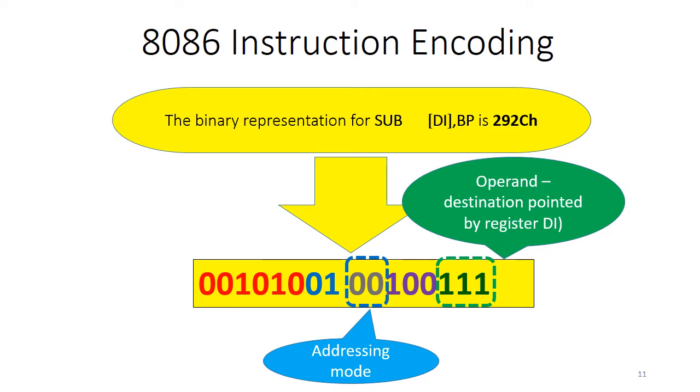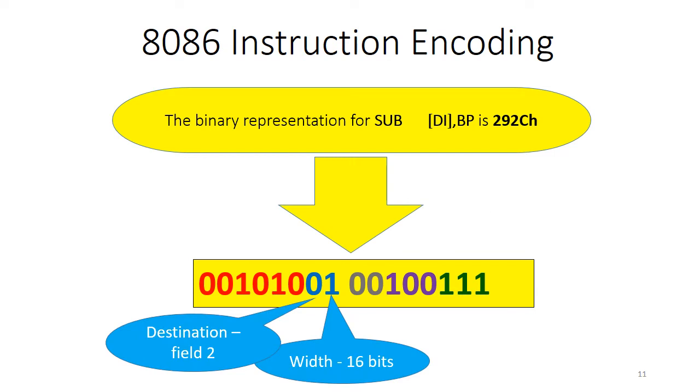Since the RM field here is used to specify a memory location, we put 00 in the mode field. The pattern that we chose here matches the indirect addressing that we are using to specify the memory location.